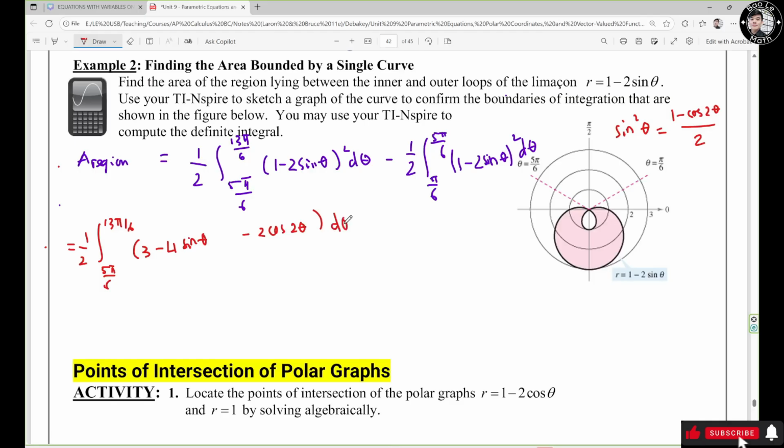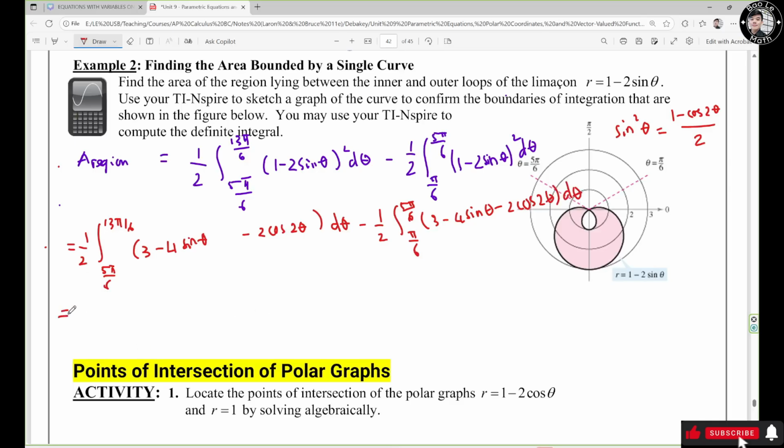Similarly, I have 1/2 integral from pi over 6 to 5 pi over 6 of 3 minus 4 sine theta minus 2 cosine 2 theta d theta.